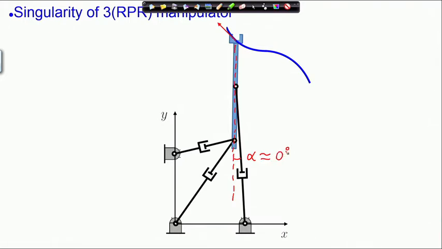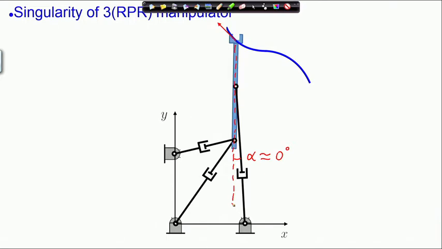Now, why is this singular? Because when alpha is exactly 0, it is a singular configuration, and this configuration that I have drawn is very close to singularity. Now, why is this configuration close to singularity, or when alpha becomes 0, why is this singular?